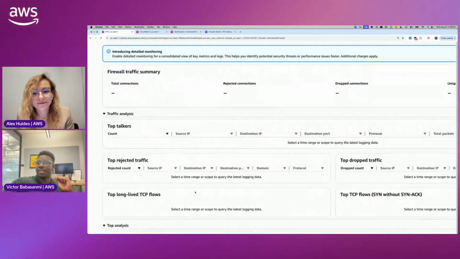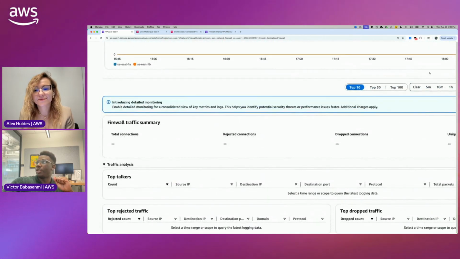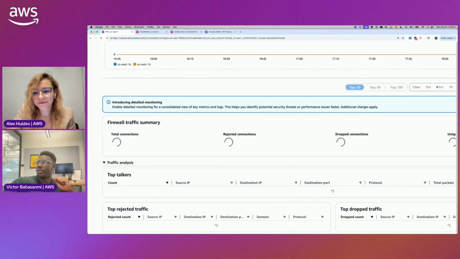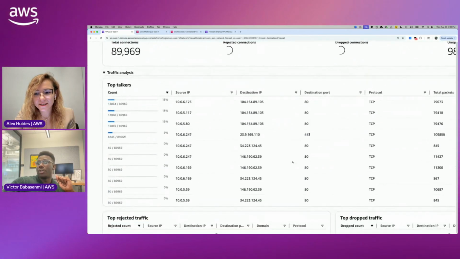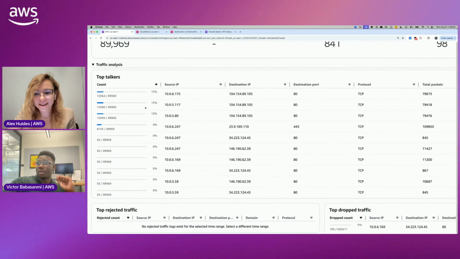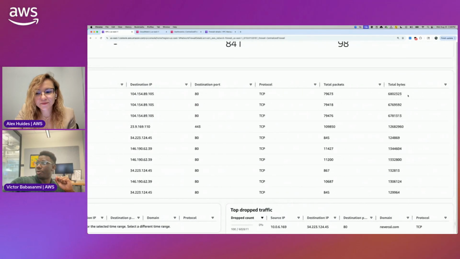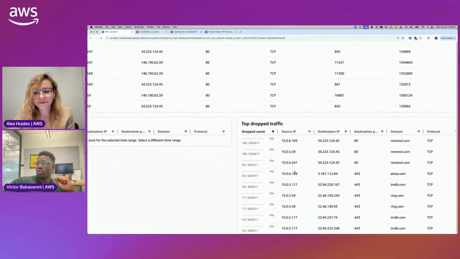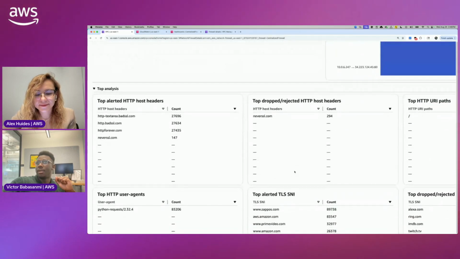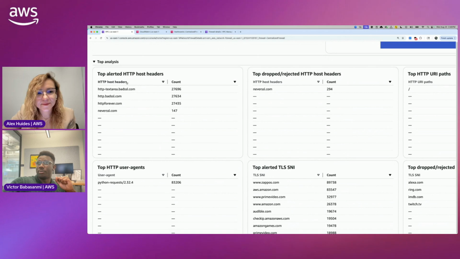If I was just going to select 10 minutes here real quick, you can see some sub-token information for IPs talking to each other based on the total number of bytes. You can see dropped packets. You can see host headers, top alerted host headers, top dropped host headers.